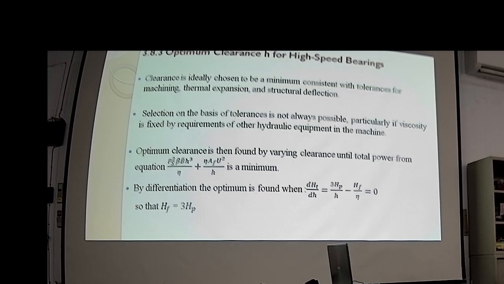So in practical application, this is not applicable, so we cannot find an optimum failure as we wish. This is a fact, usually you need to consult with the worker to do the final assembly.